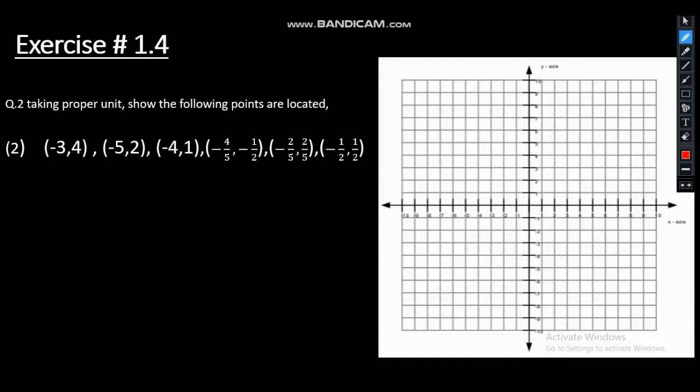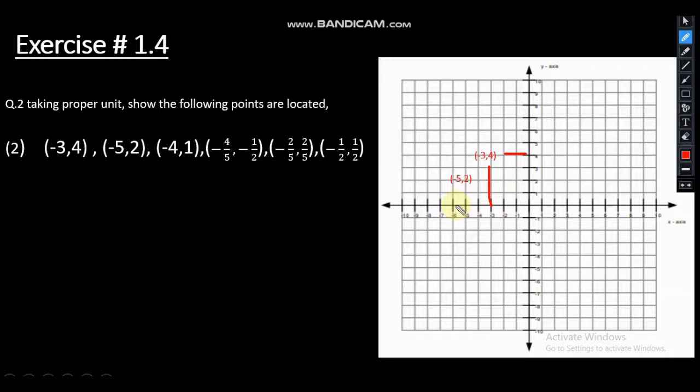Now let's move to the solution. Again, this minus 3 is negative and 4 is positive, so we can write in this quadrant, the second quadrant. Again we can write here minus 5 and 2.